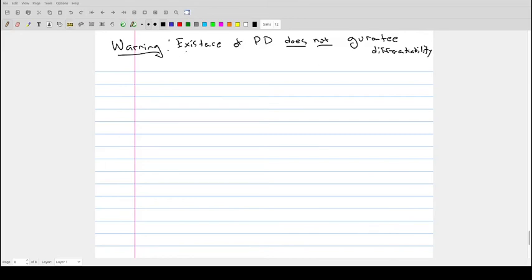Just because you can calculate the partial derivatives at a point doesn't mean that the function is differentiable there. This roof function is a great example.